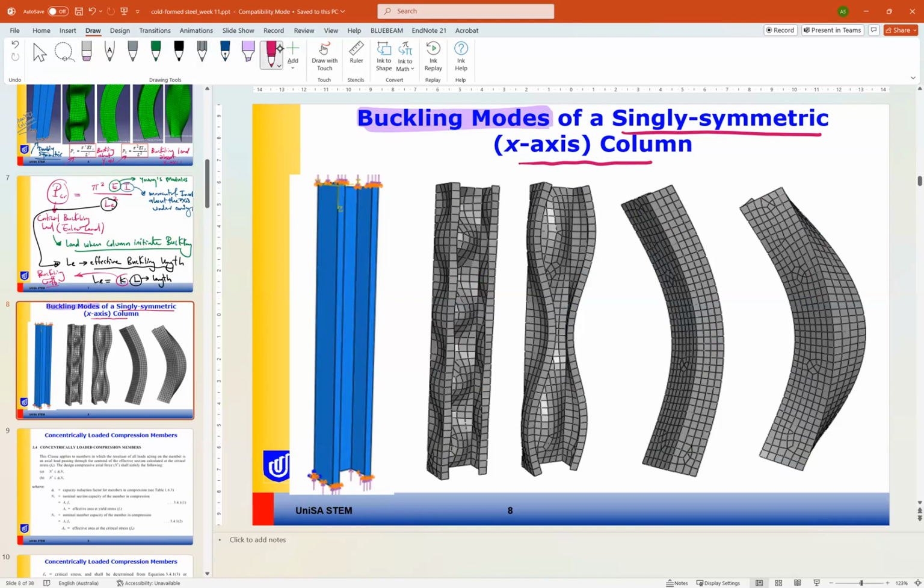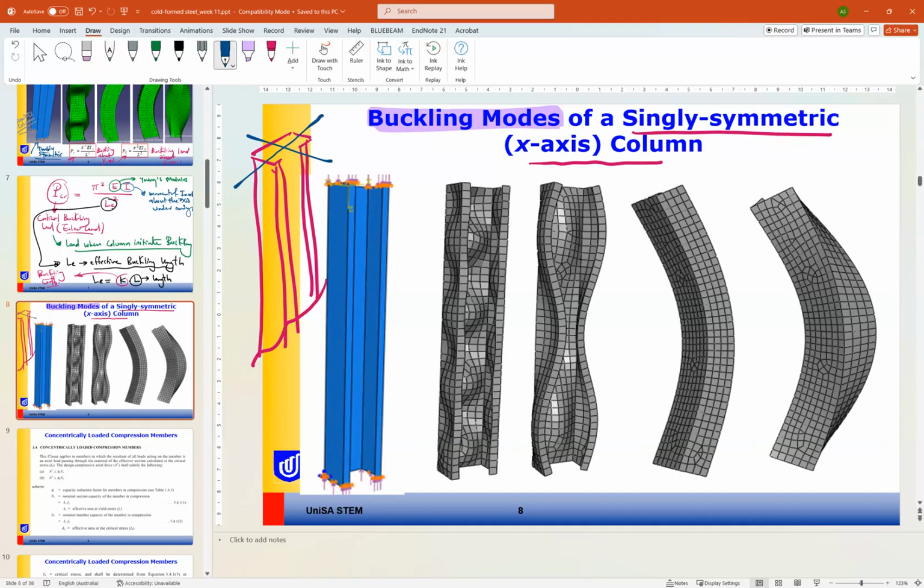As you can see, here is the column we have. It is only a C section column, a lipped C section. This lipped C section column is only symmetric about the x-axis. So here are the buckling modes: buckling mode 1, 2, 3, 4.